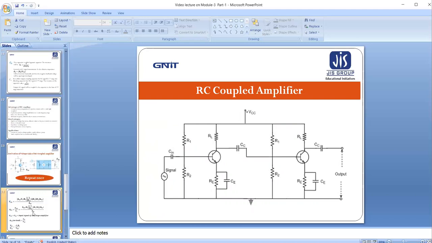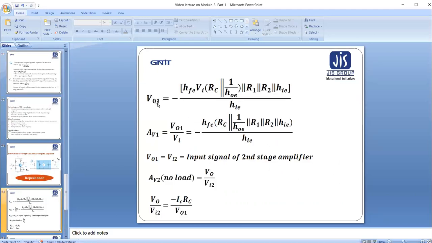So I just declared V01 equals minus hfe Vi times the equivalent resistance, that is RC parallel 1 by hoe, because this RC parallel 1 by hoe is for the first transistor, and which is again parallel with R1, R2 and hie. This is for the second stage.